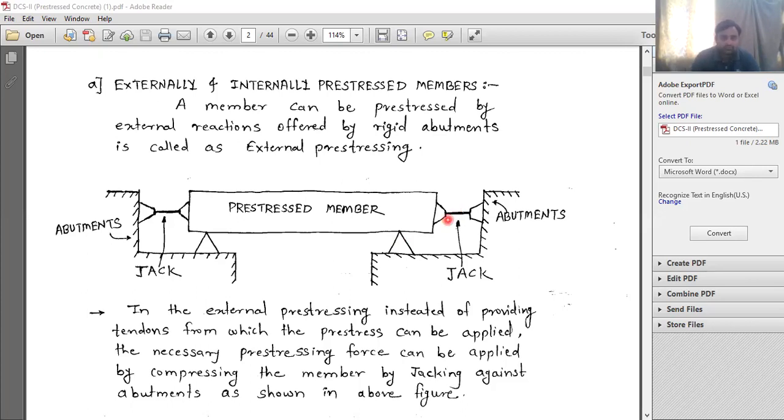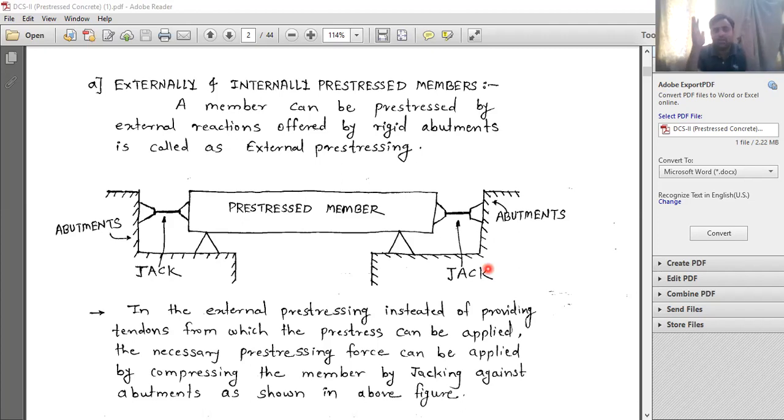Now, externally and internally prestressed members: here the prestress is applied directly to the concrete member, not to the tendon. You can see here, directly on this member. This total is the concrete member, and the prestressing force is applied with the help of this jack assembly. These are the abutments. Abutments mean a strong, permanent support.